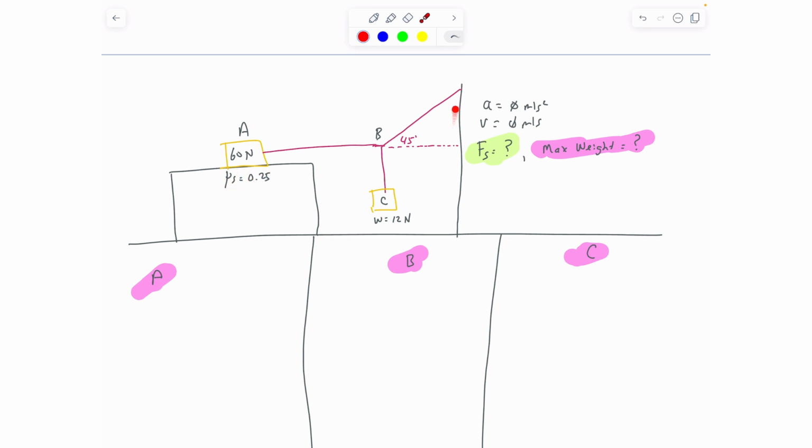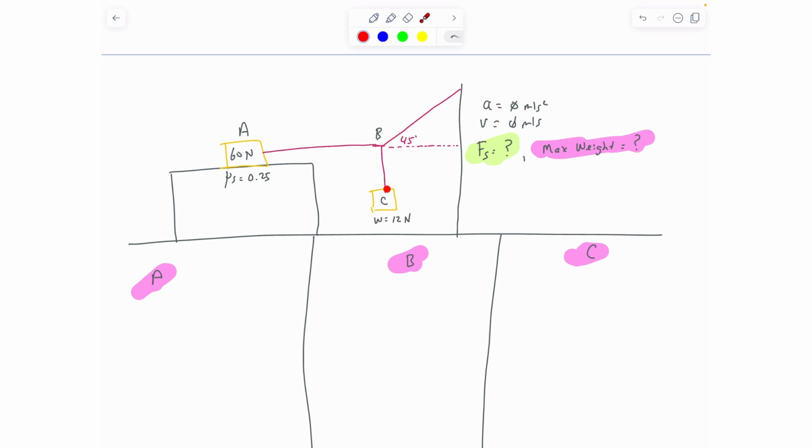Now there's a wall over here, and there's a rope. The rope is attached to A, and it goes to this point B, and it goes up to the wall and is attached there, and then it comes back down, and it's also attached to C. So this rope is attached to A, to B, to the wall, and then down here.